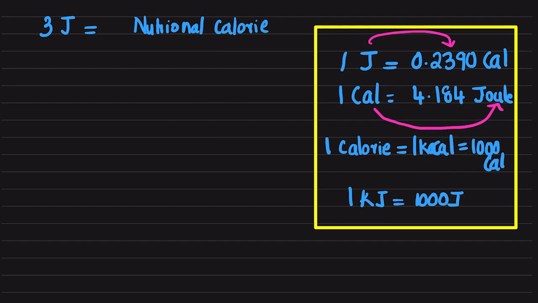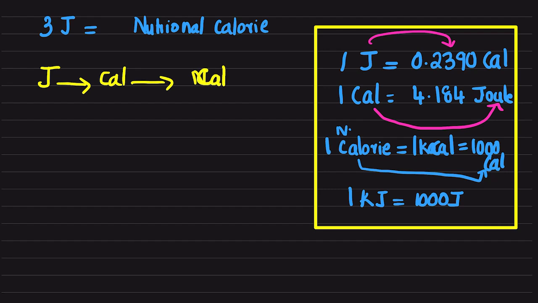Nutritional calorie is related to cal, and cal is related to joule. So first we have to make the sequence: joule converted into cal, cal then converted into nutritional calories.